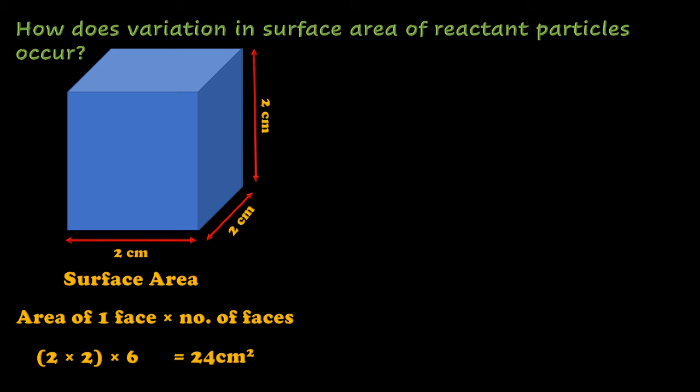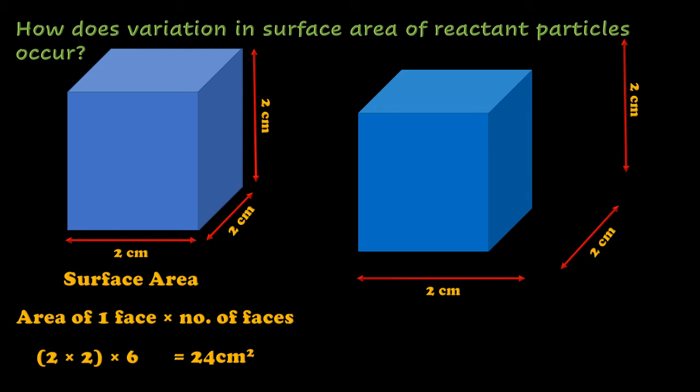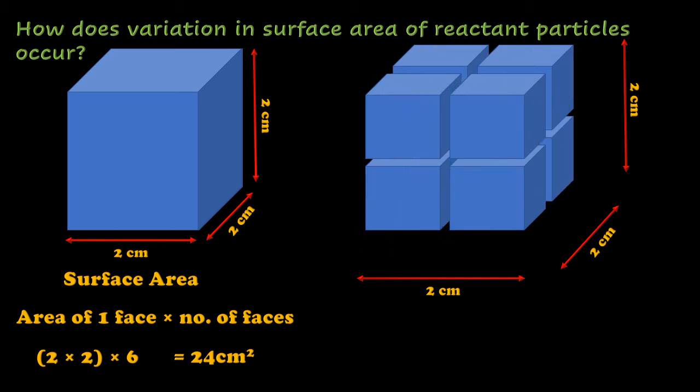Let us look at a similar cube with dimension of 2 centimeters. This time, however, we want to cut the cube into smaller cubes with dimension of 1 centimeter each. So this is what we do. Cut it up, and then let's work out its surface area. When working out the total surface area this time, we realize that because the cube has been exploded or else cut and each cube separated, then we have more surface area exposed for reaction.